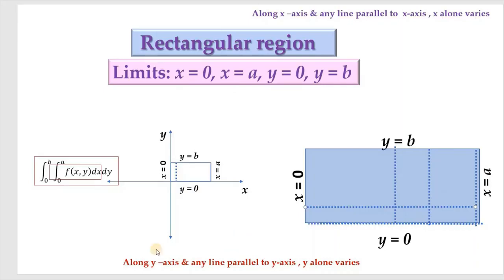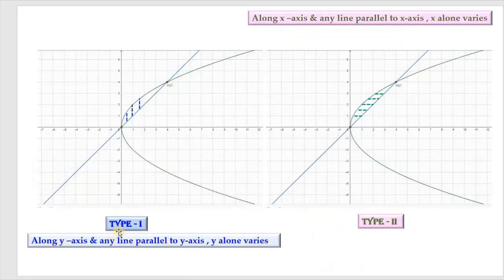When you draw lines parallel to the y-axis and cover the region like this, it goes under type 1. For reference, we shall call such types of integration type 1.